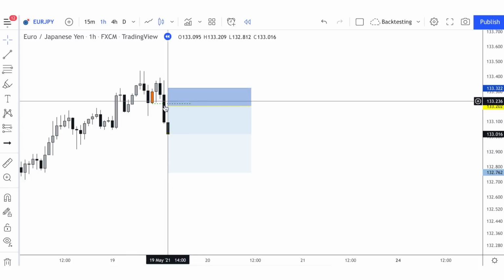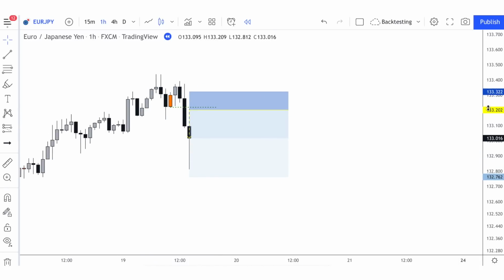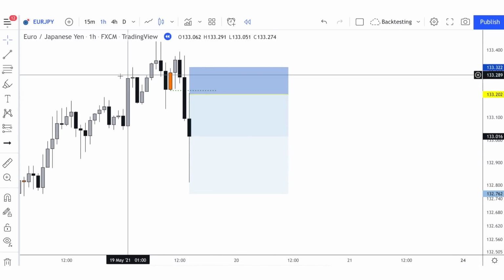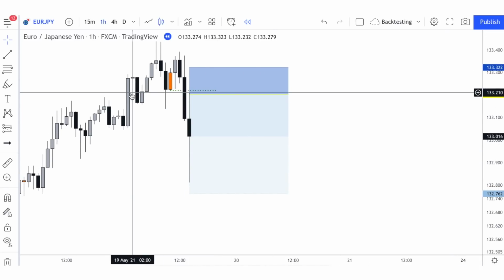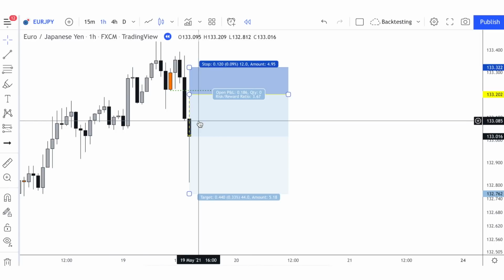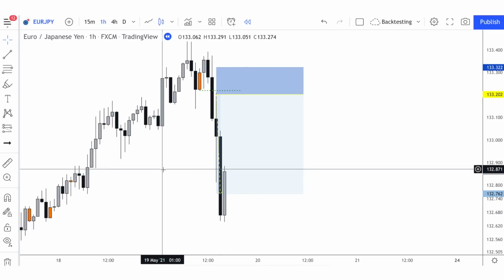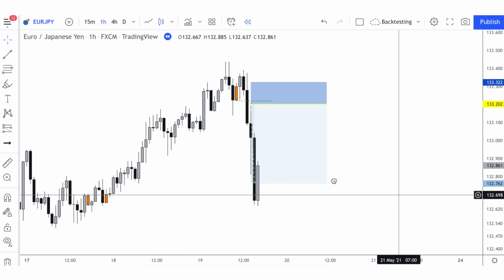But obviously we're wicked in now, and trades that just wick you in are actually the ones that tend to move, especially at the top or at the bottom of an ascending or descending structure origin. So let's just move price forward.